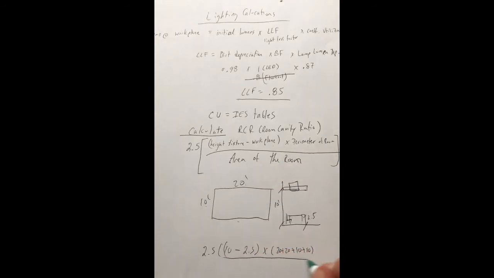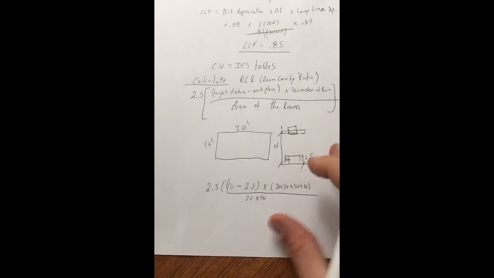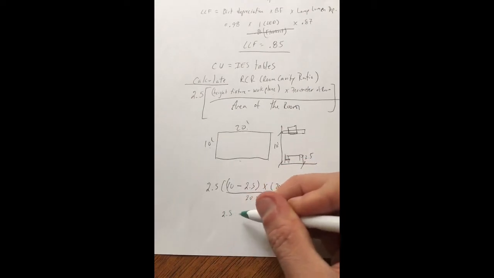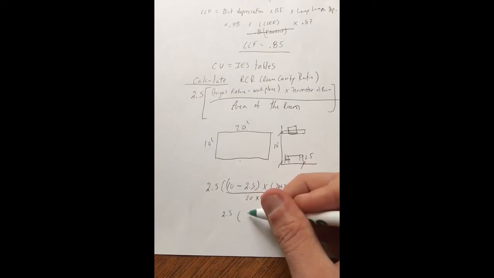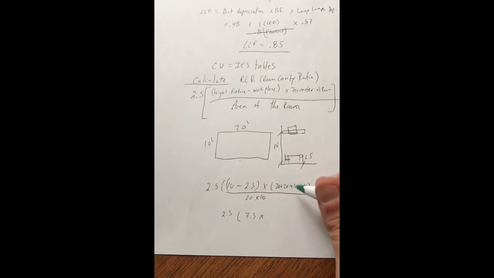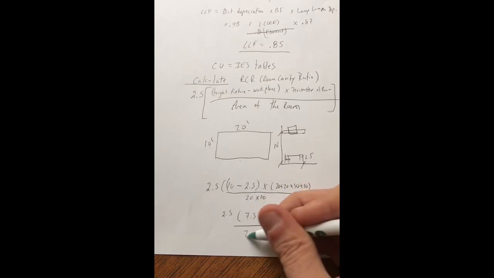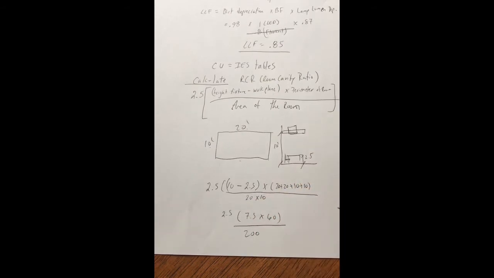And then divide that all by 20 times 10. So we're looking at 2.5 times 7.5 times 20, 40, 60, all over 200. That's 5.625. So now we have our room cavity ratio.